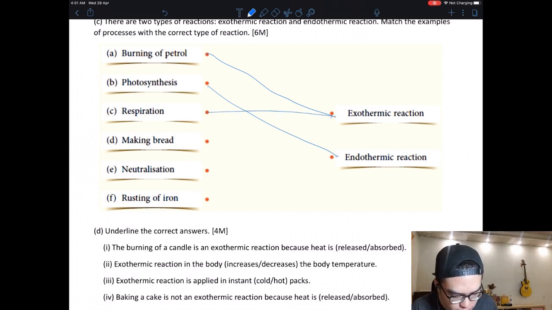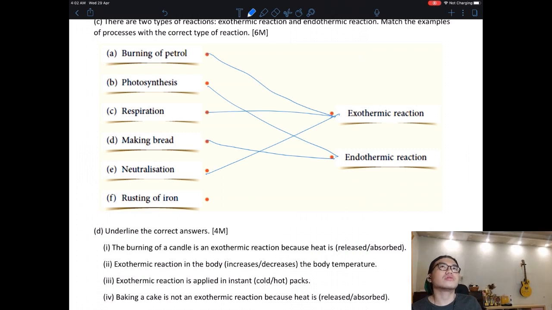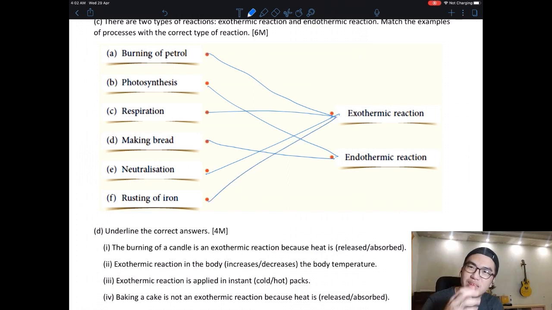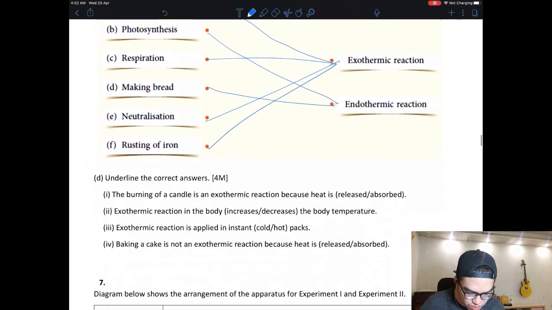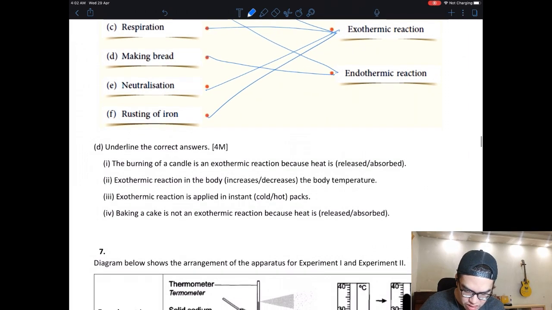Bread absorbs heat, endo. Neutralization exo. Rusting is actually exo. It gets hotter. It's a type of reaction. Okay, so burning of candle is exo because heat is released.